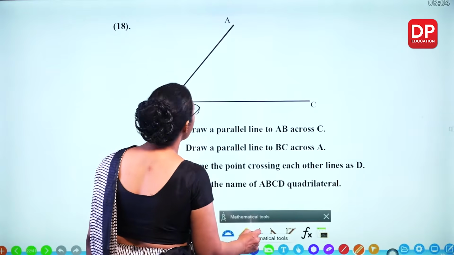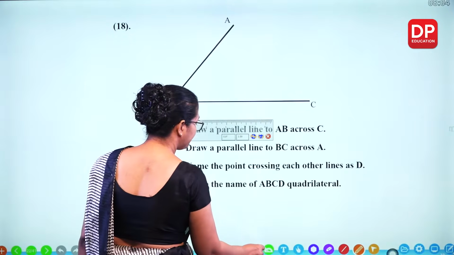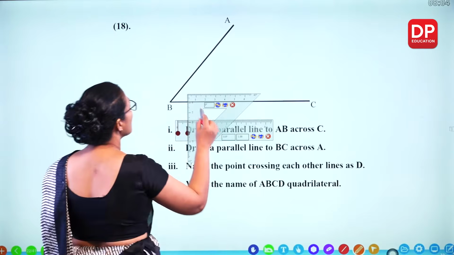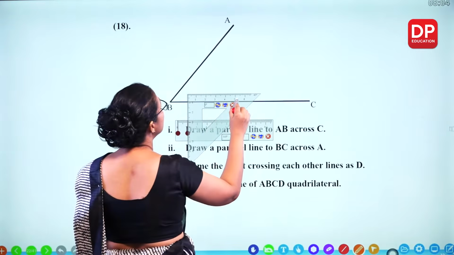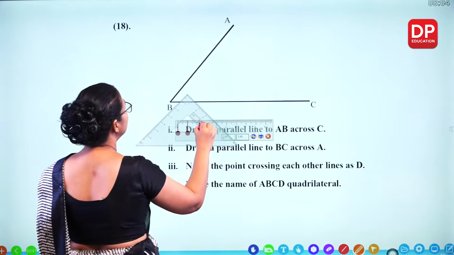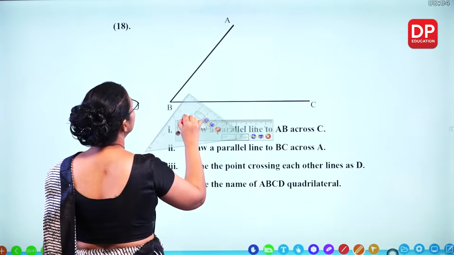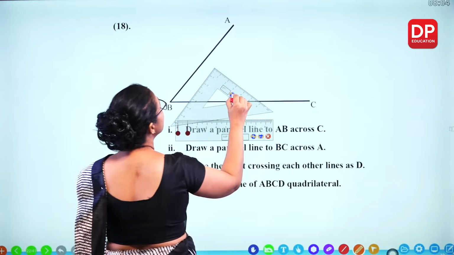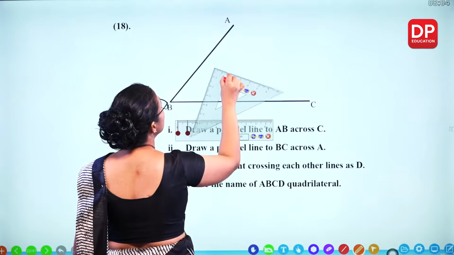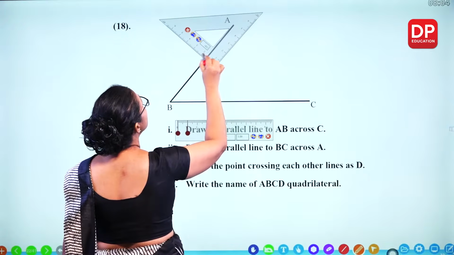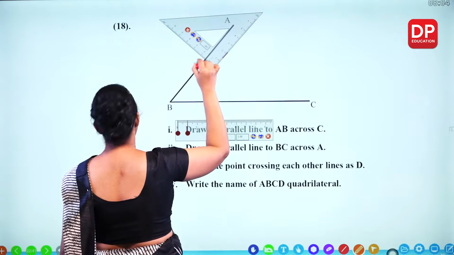Use the set square and the ruler. So we can take the set square and keep it on top of AB.